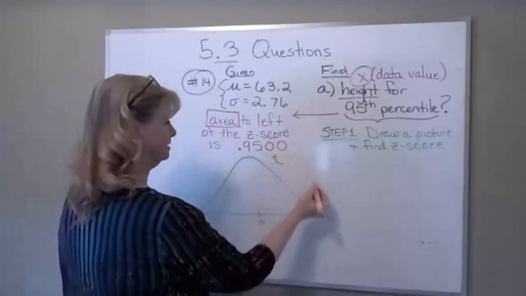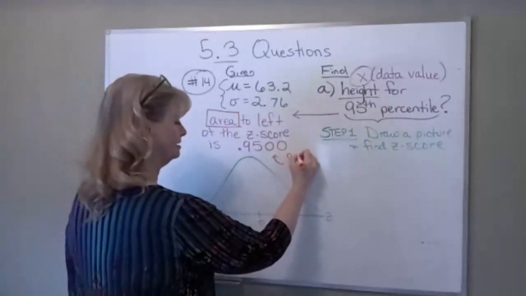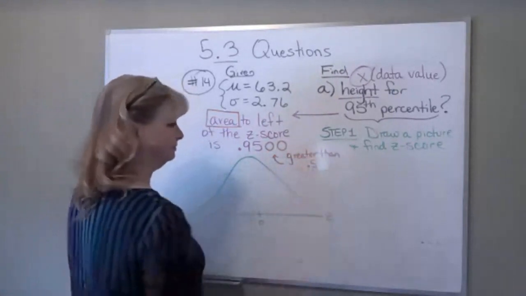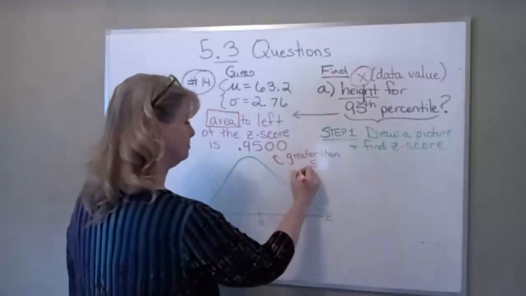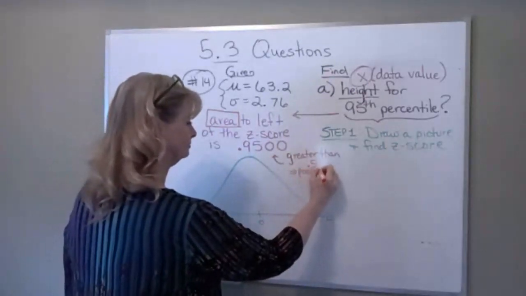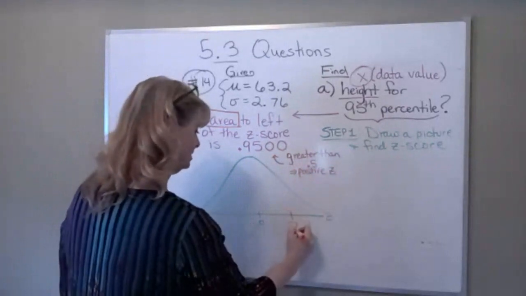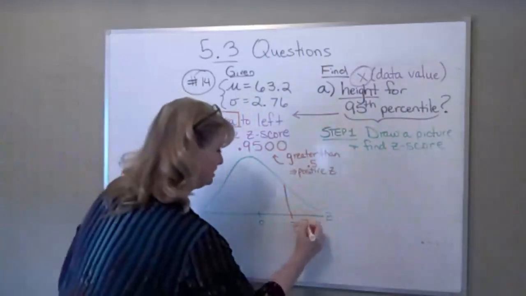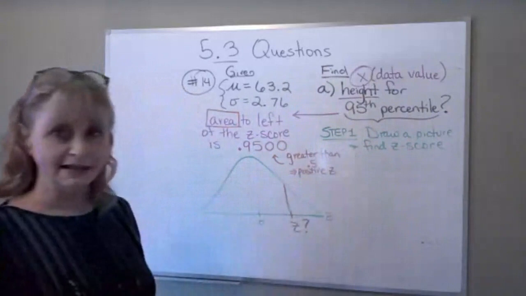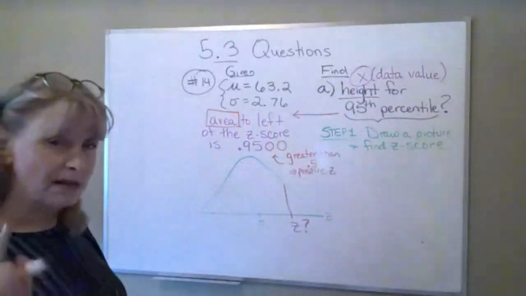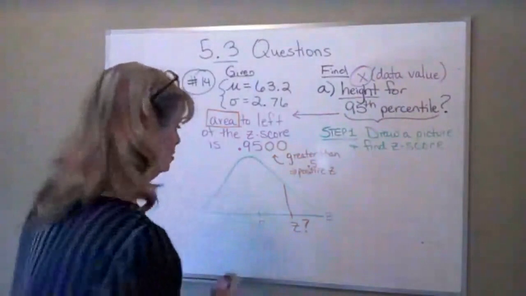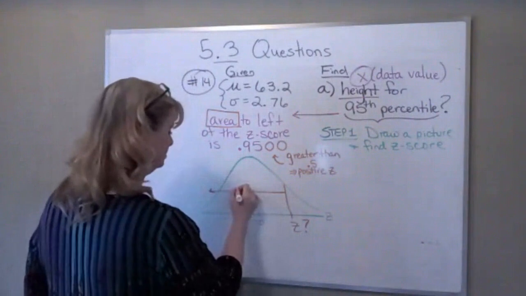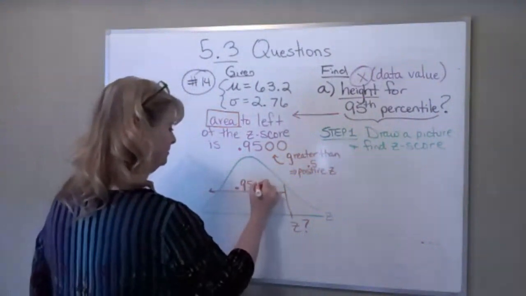So, since this number is greater than 0.5, that tells you it is a positive z. So I'm going to put the z over here somewhere. And for step 1, that's what we're going to try to find is that z-score. That's not going to be our final answer, but it's going to be the z-score for our final answer. So what I know now is that the area to the left, you could shade it, or I'm just going to put it on here, is 0.9500.